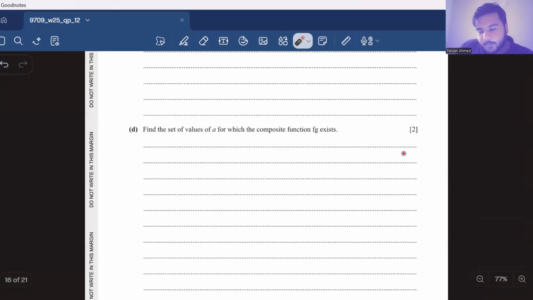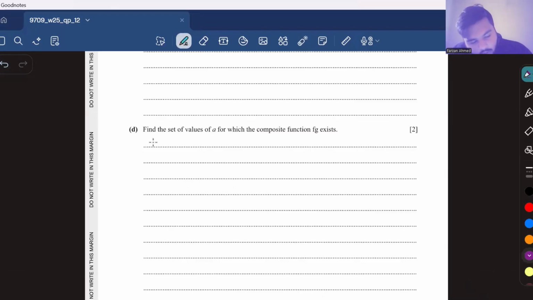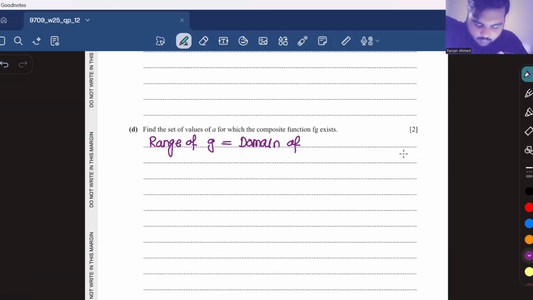Okay, now I am writing that the range of g is equal to the domain of f.